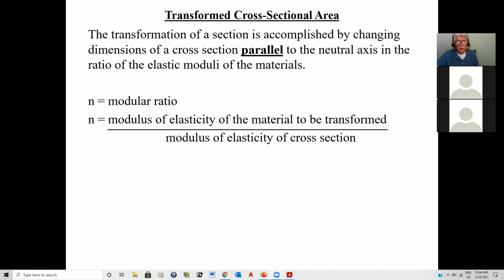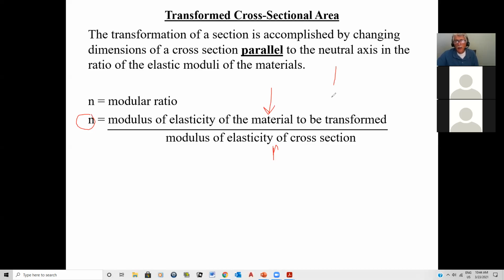And what is n? Guys, remember this. When you're calculating n, remember what goes in the numerator and what goes in the denominator. It's the modulus of elasticity of the material to be transformed over the modulus of elasticity of the section.